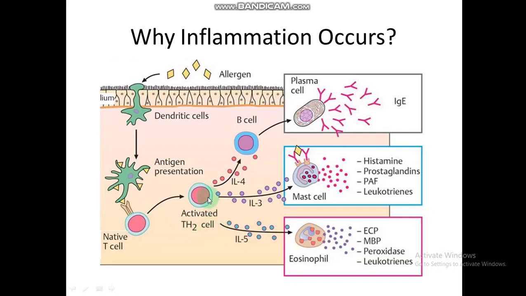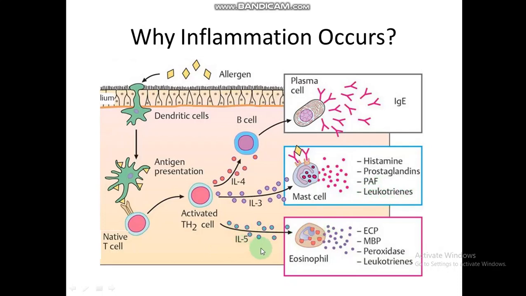T helper cells produce different types of interleukins, interleukin 4, 3 or 5. Interleukin 4 excites B cells for the production of antibodies, or it excites mast cells for the production of histamines, prostaglandins, platelet activating factor and leukotrienes.